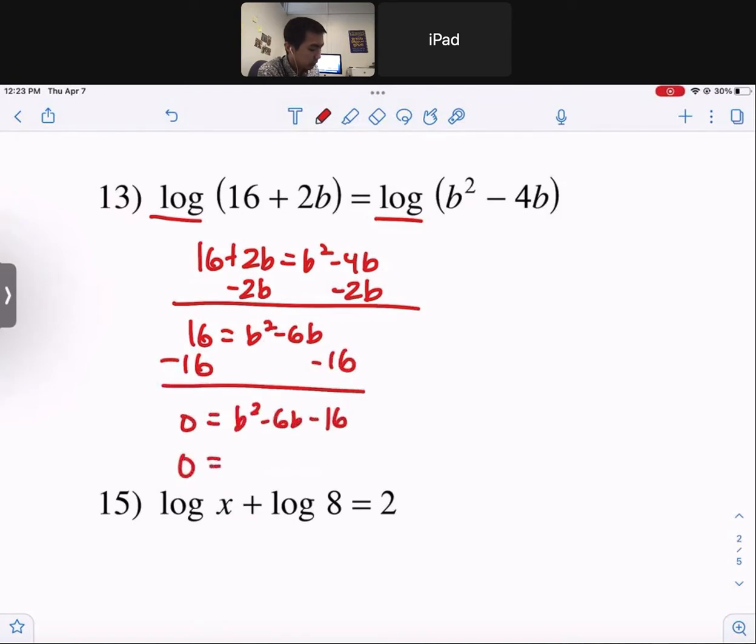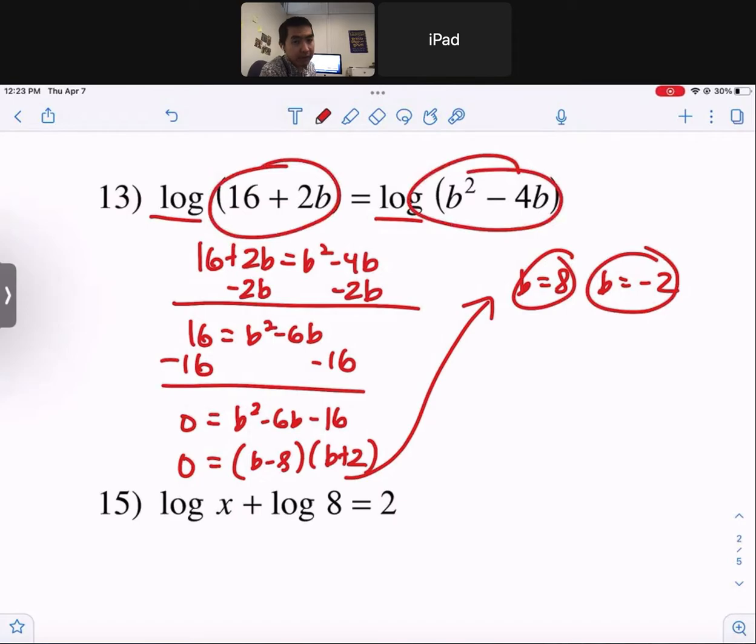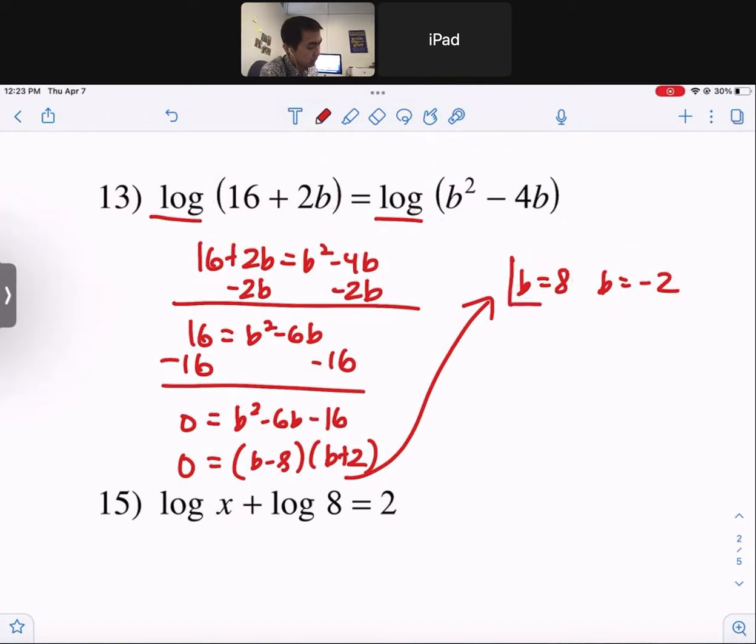And when you guys factor that, that's going to be b minus 8 times b plus 2, which means b equals 8 and b equals negative 2. And again, if you guys plug either of these into these logarithms, on the inside of the logarithms, you're going to get a positive value. So both of these are going to be our answer.